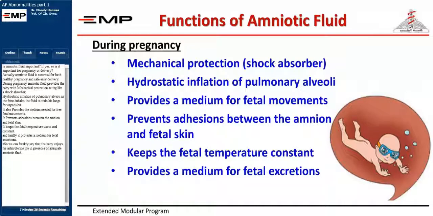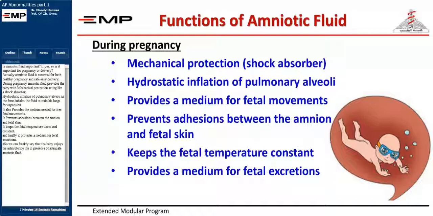Is amniotic fluid important? If yes, is it important for pregnancy or delivery? Actually, amniotic fluid is essential for both healthy pregnancy and safe, easy delivery. During pregnancy, amniotic fluid provides the baby with mechanical protection, acting like a shock absorber.